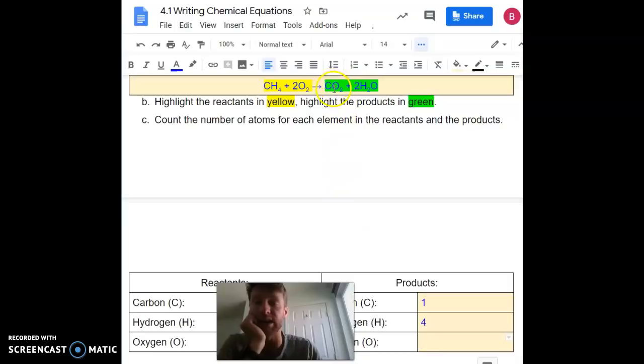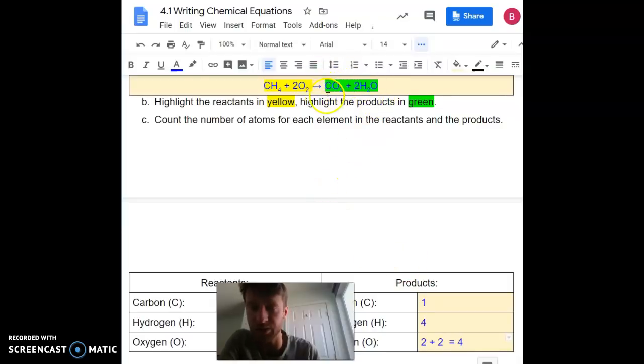You have 2 oxygens in CO2, 1 times 2 is 2, but then you also have an oxygen over here in the H2O. So we have 2 in our CO2, but then we also have, well, 2 times 1 gives us 2 more for a grand total of 4 oxygens in our products.